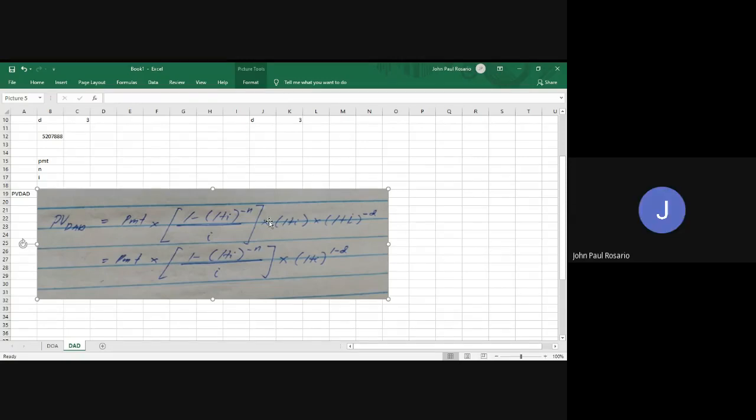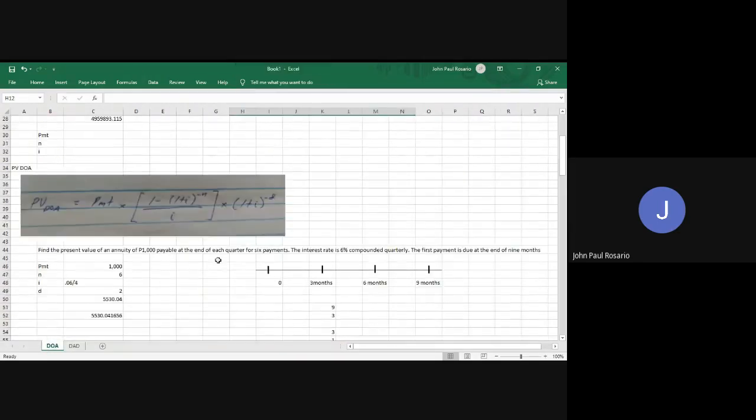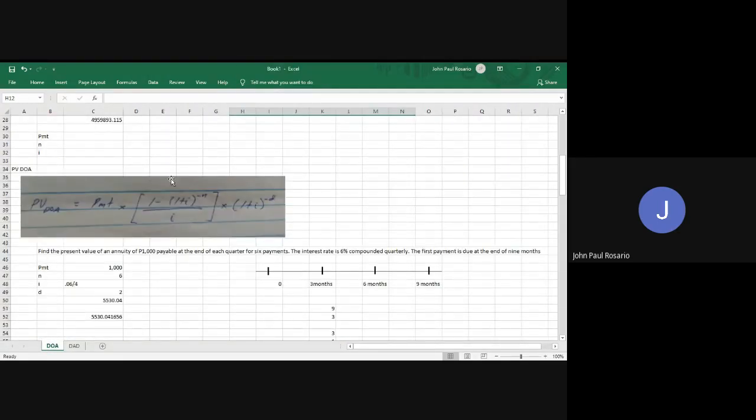Okay, sige. Now actually, guys, this is simply like your formula for annuity due, and then you just add 1 plus i to the power of negative d. It is the same for the ordinary annuity: it is just your formula for the present value of ordinary annuity, and you add 1 plus i to the power of negative d.